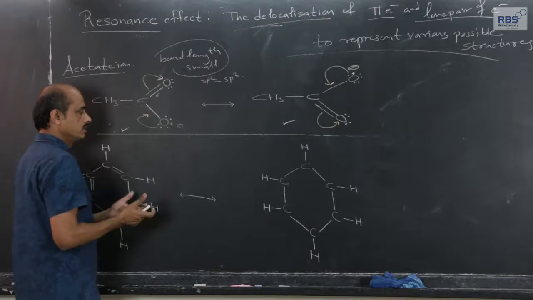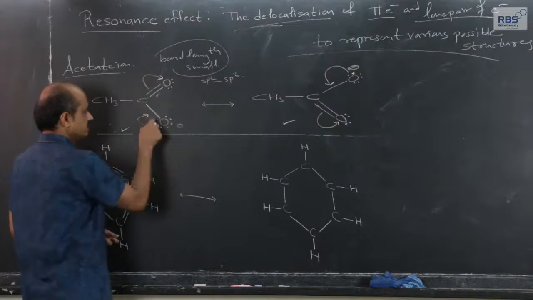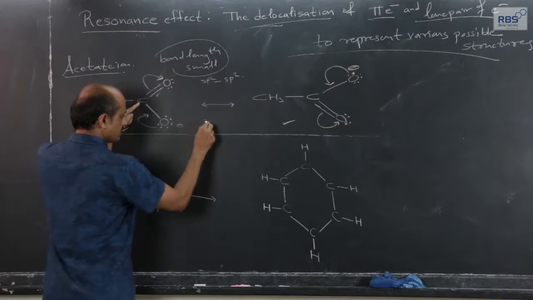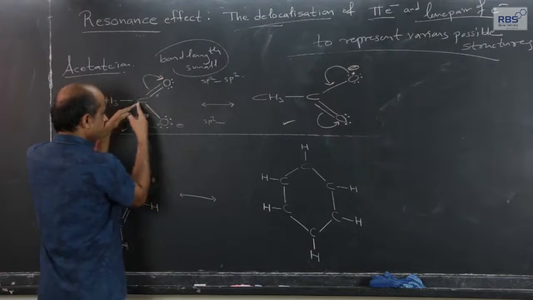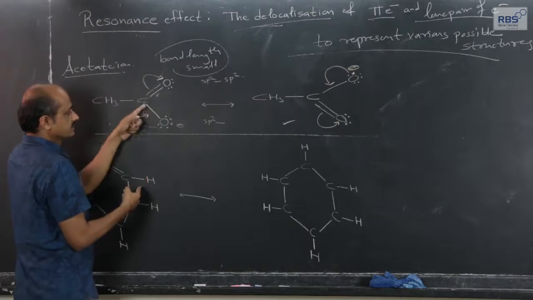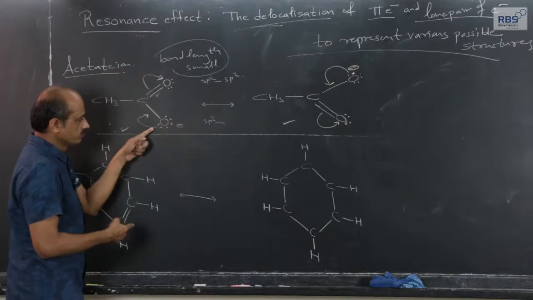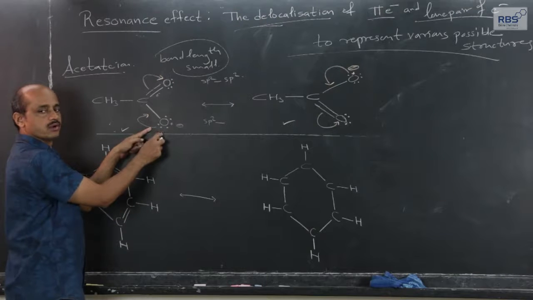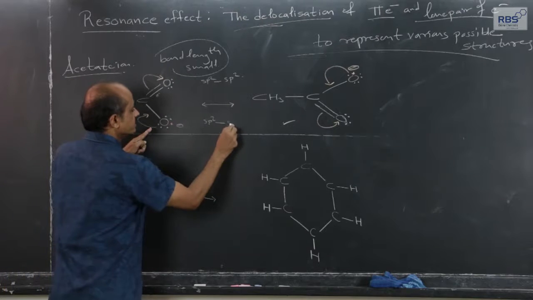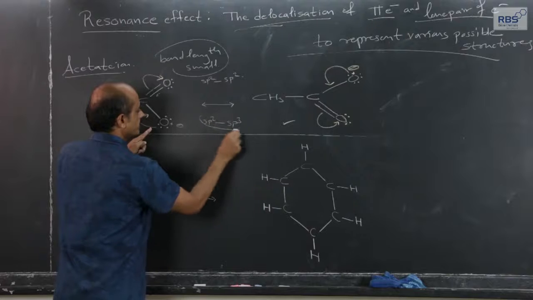And if we go into a bit more detail, this sp2 carbon forms the bond with sp2 of oxygen, and since there is one shared pair and 3 lone pairs, this oxygen will be sp2 sp3 overlapping.